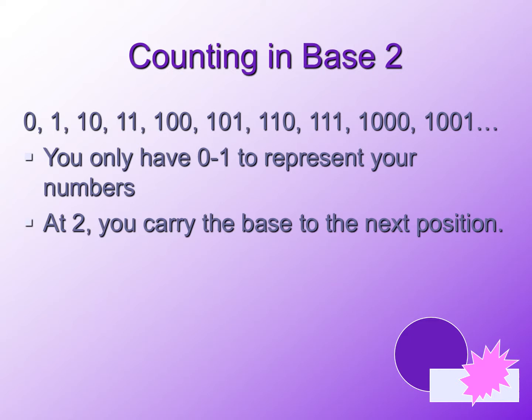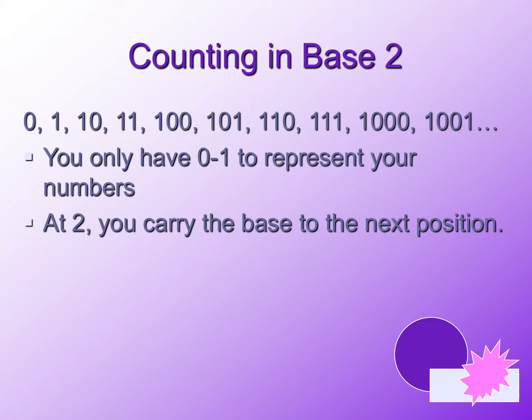So now I think, okay, what's a 3 decimal? And I say, okay, that's a 1 in the 2's position for binary, and the 1 in the 1's position, so 2 plus 1 is 3. So 1, 1 is 3. So how do I make a 4? Well, I have to move the 1 to the 4's position.